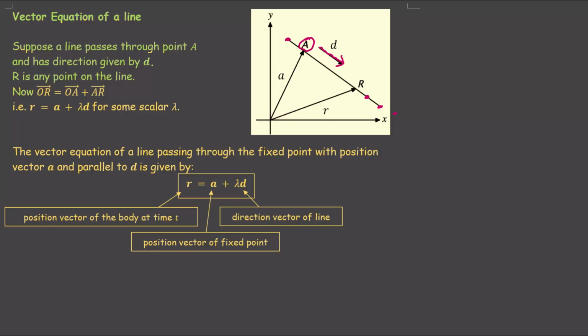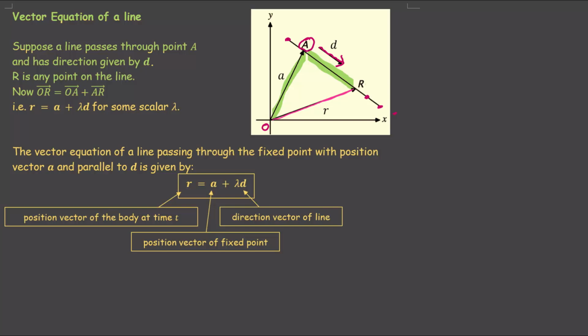Now, OR, so that's going from the origin to R, so we're talking about this vector, using vector addition, is equal to OA plus AR. In other words, going along here and then along here.